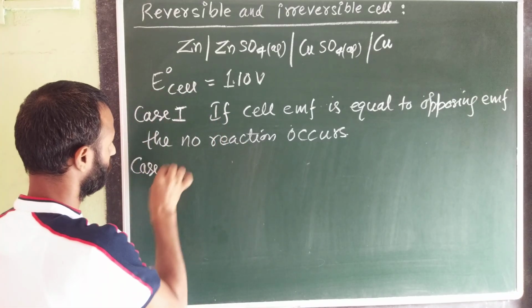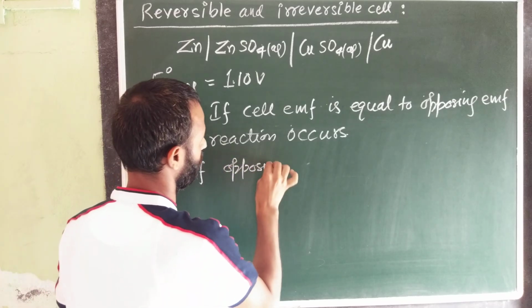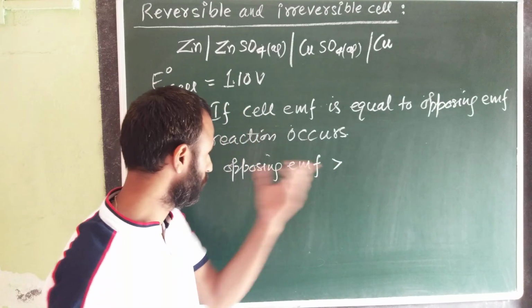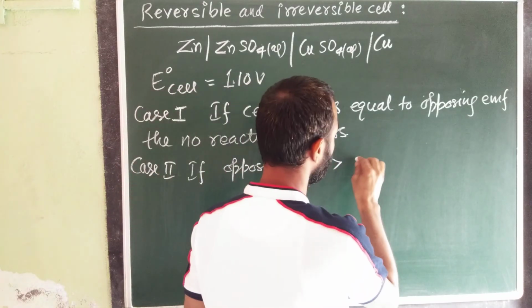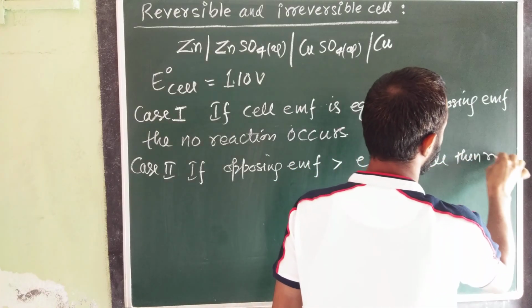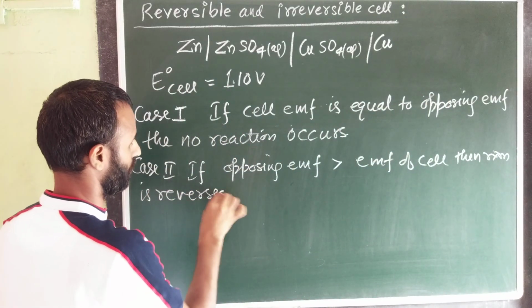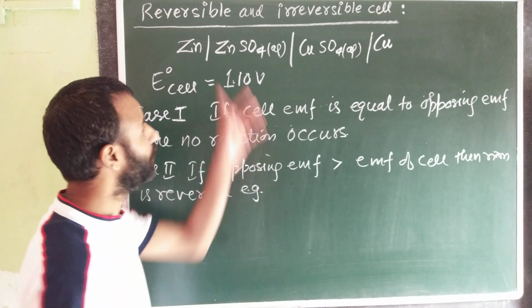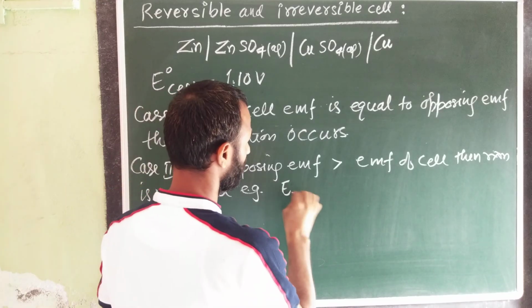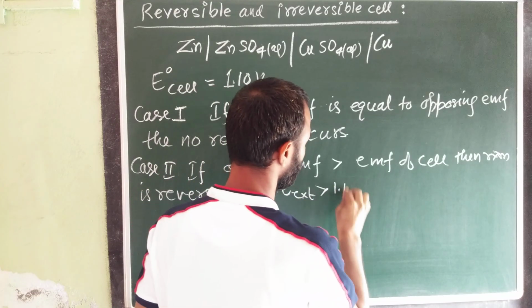Case 2, if the opposing EMF from an external battery is greater than the EMF of the cell, then the reaction is reversed. For example, in this case, E naught cell is 1.10. We apply an external potential that is opposing and greater than 1.10 volt.